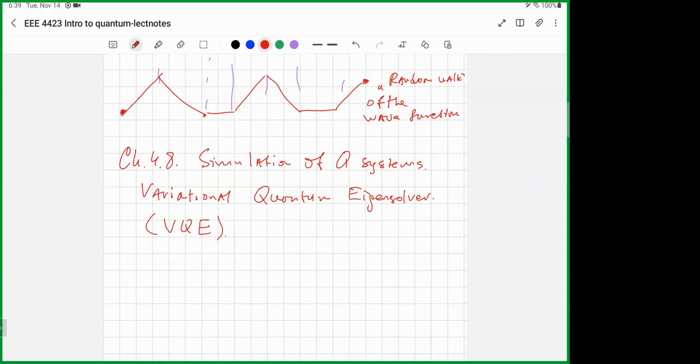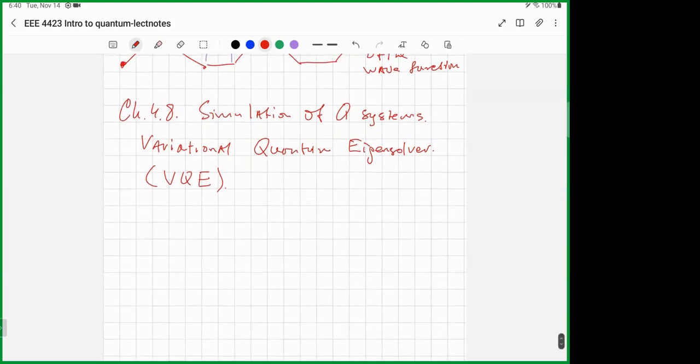And there is this very useful variational quantum eigensolver, which allows us to compute, for example, the bounding energy of different molecules. Like if I have a molecule of one sort and then a molecule of another sort, like this.